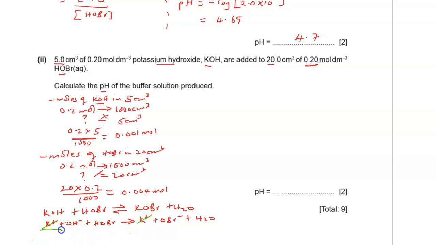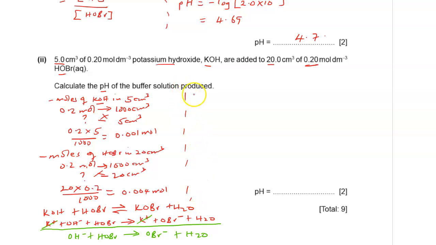Therefore, the overall equation here will be OH plus HOBr, giving us OBr plus water. Okay. So now we know how our buffer solution will look like.